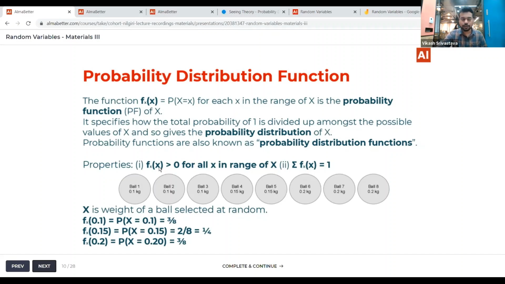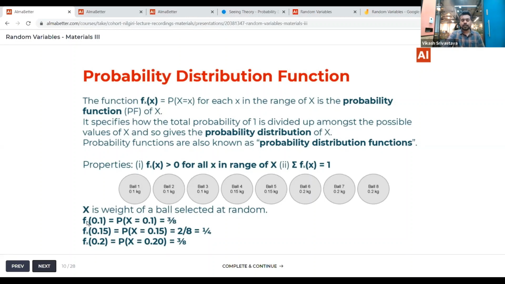Let's read f of 0.1 as the probability that capital X is equal to 0.1. This is defined as 3 by 8, because there are 3 balls with this particular value. Remember, n_e by n_s, so this will be 3 by 8.